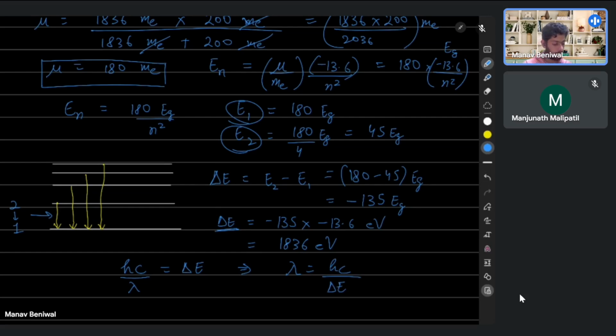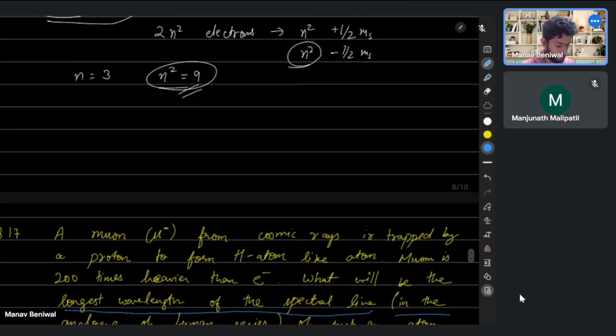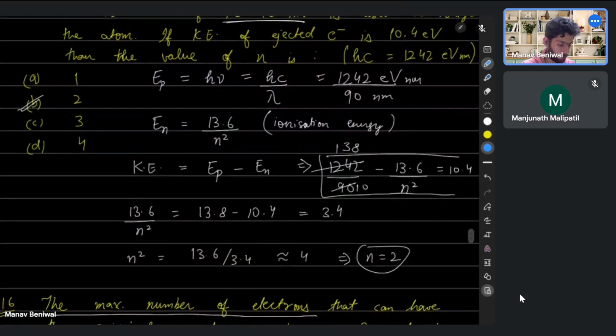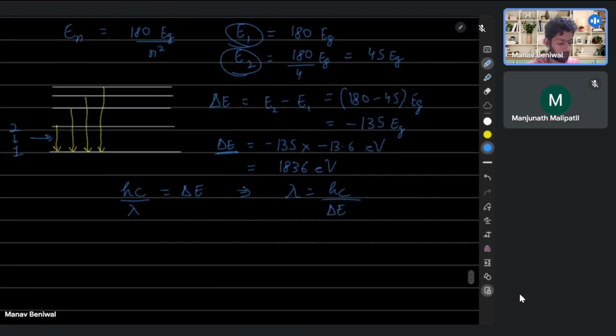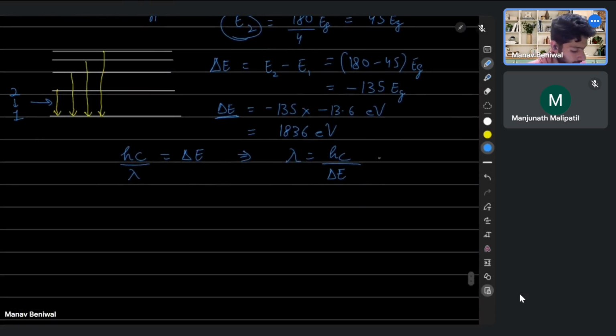Now the value of hc, we just used it in one of the problems. It is 1242 eV nanometers. So we'll use the same value: we write 1242 over delta E, which is 1836, and the answer will be in nanometers.